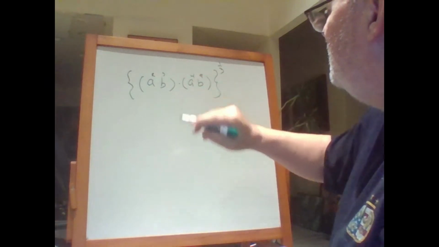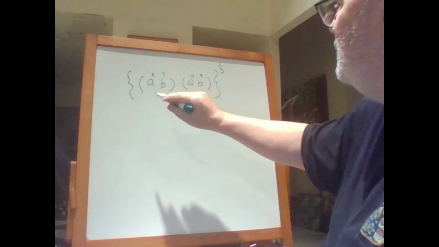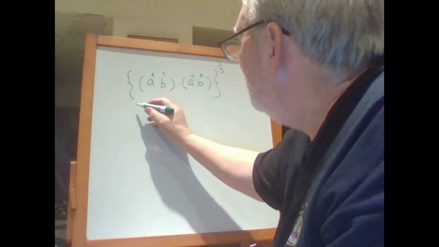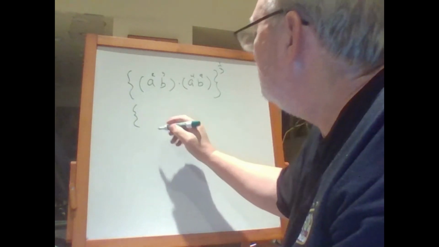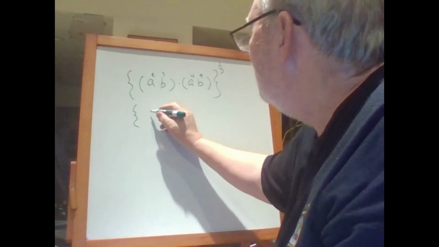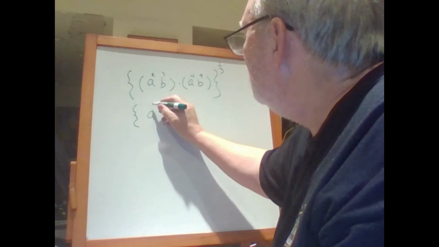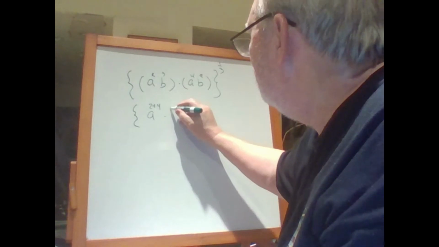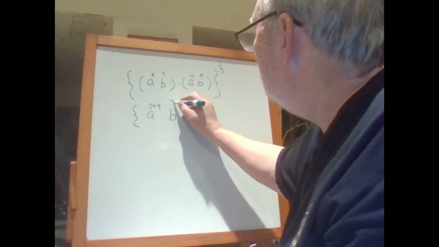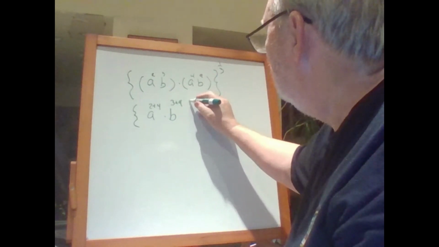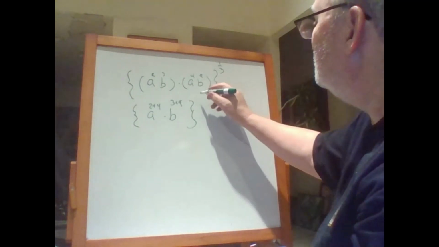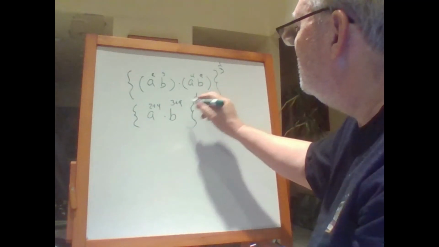But here we have bases that are the same. So why don't we take a look at what we can do to simplify. So we have a to the 2 plus 4, and we have b to the 3 plus 9, to the 1/3 power.